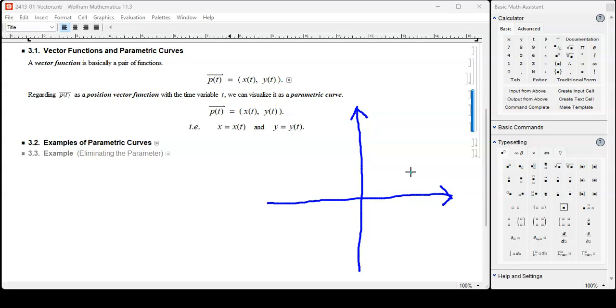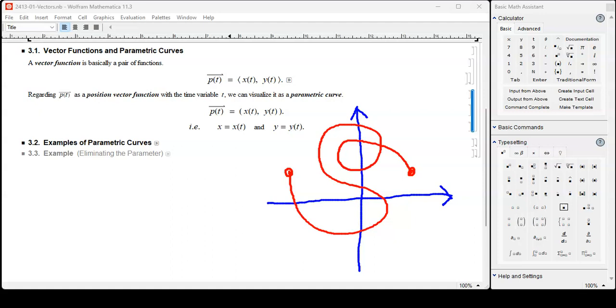And as t changes, as time changes, the position changes. So what do we end up with? Starting from here, this point moved around and formed a curve. So the trace of this motion became a curve.